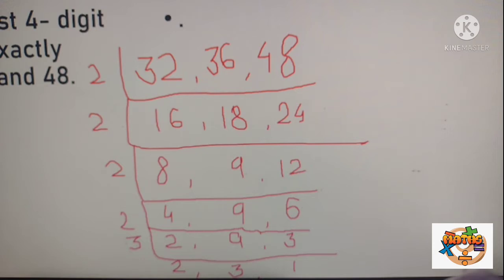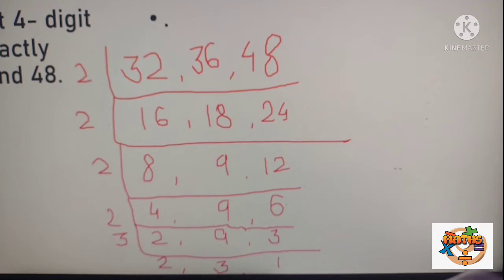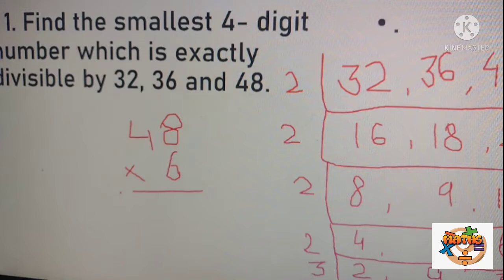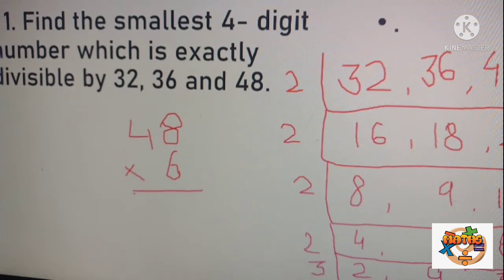So here 48. And the bottommost numbers must also be multiplied. As you can see at the bottom, 2 into 3 is 6, 6 into 1 is 6. So 48 into 6 is 288. That is our product and our LCM.